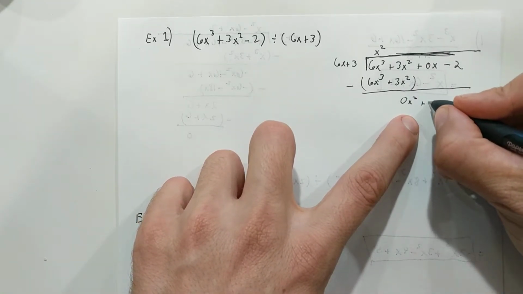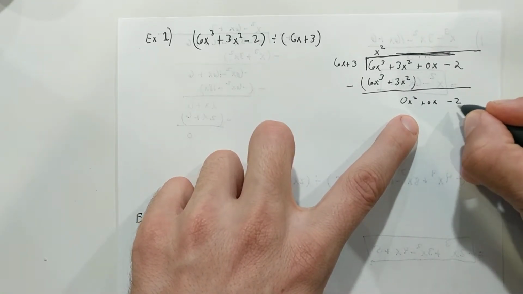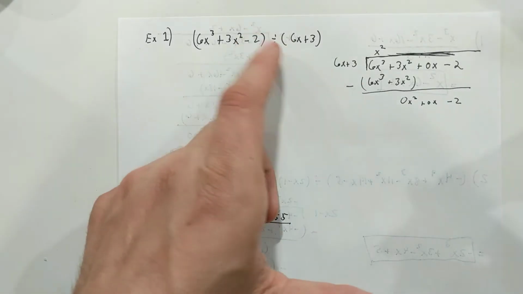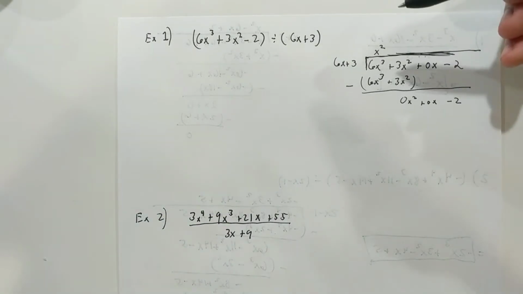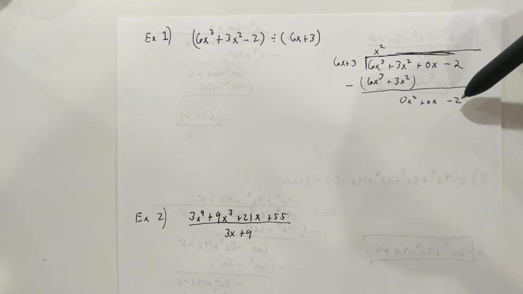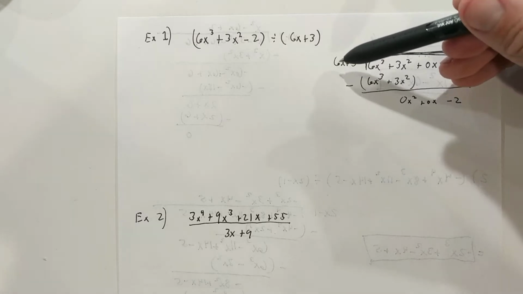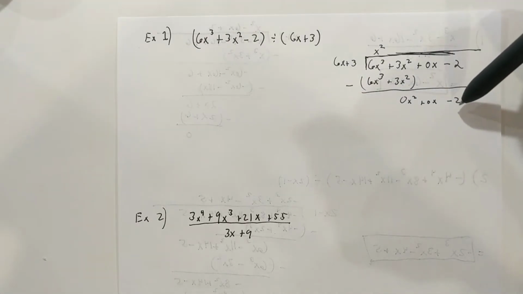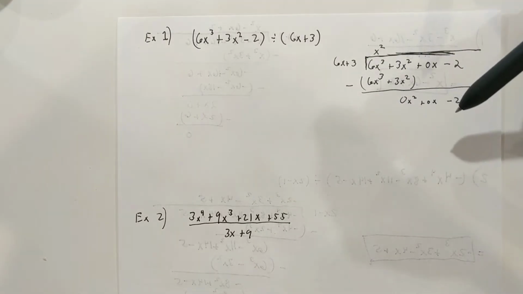Looks like I'm going to have 0x minus 2. So negative 2 is the only thing I have. Well, that's it. I'm done, actually. I can't actually divide negative 2 by 6x because there's no way to get rid of the x to get to negative 2. So actually, I'm finished.